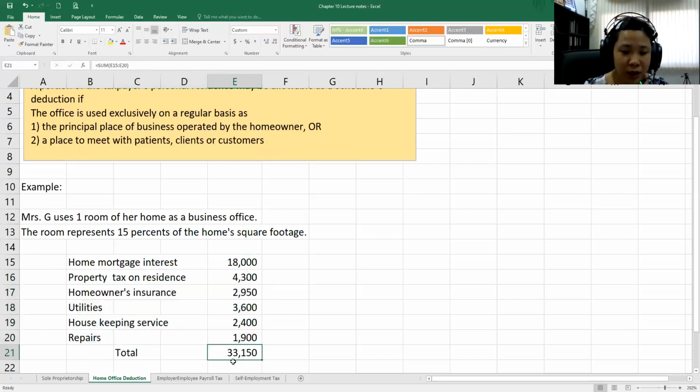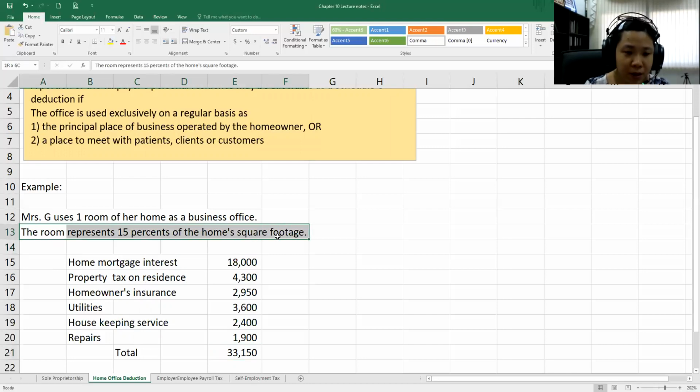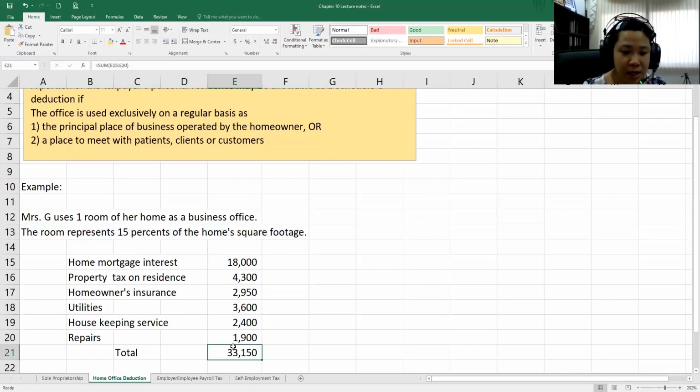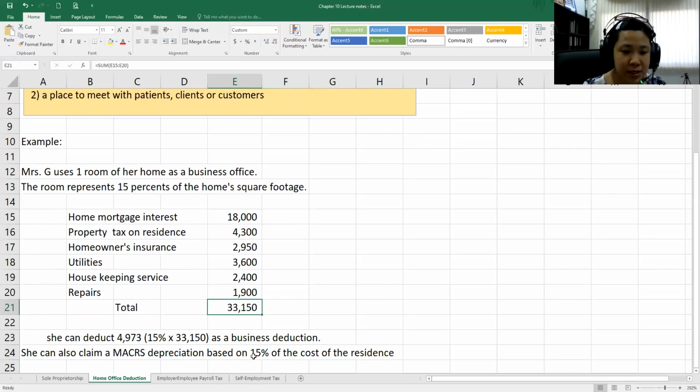The total will be 33,150. Because one room of her home is used for her office, and this is 15% of the home square footage, she can deduct 15% of this total.